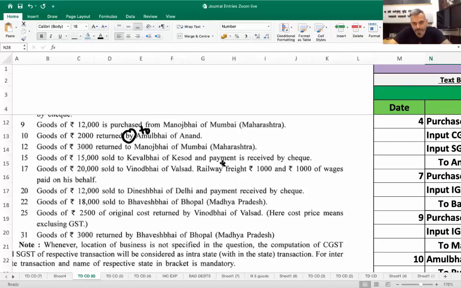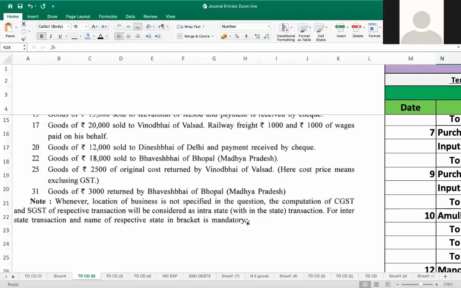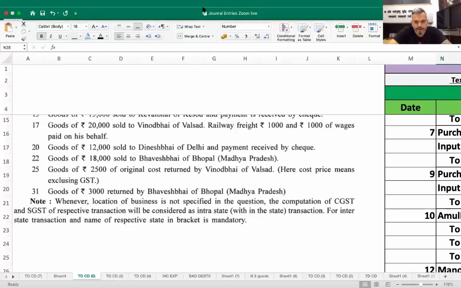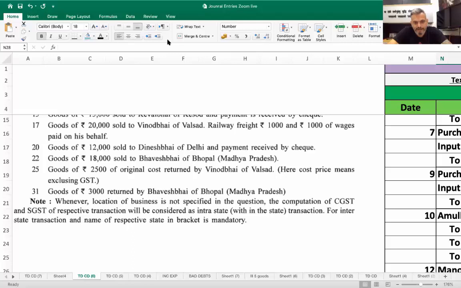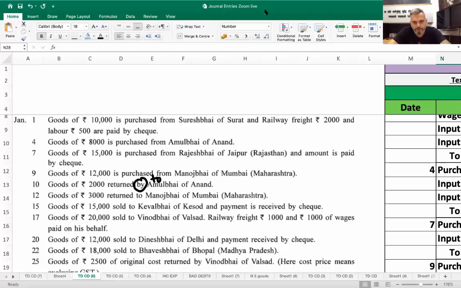If it were outside state, it would have been given which state. Okay, here it is also written in the note: whenever location of business is not specified in the question, computation of CGST and SGST of respective transaction will be considered as intra-state, that is, within state transaction. For inter-state transaction, name of respective state in bracket is mandatory, that is, it would be given if it is outside state. I know Keshod is in Gujarat, but if someone doesn't know, how will they know where it is?